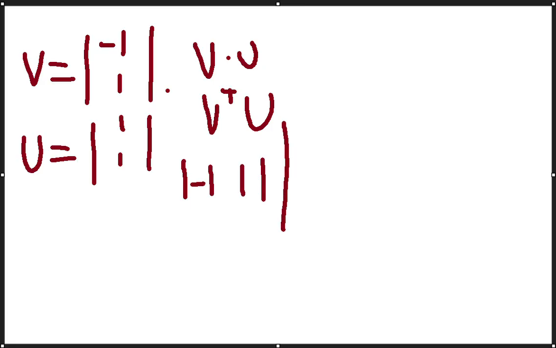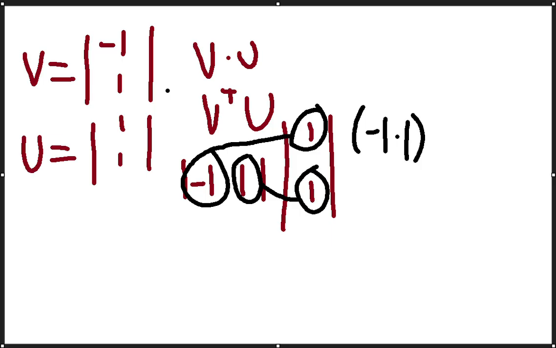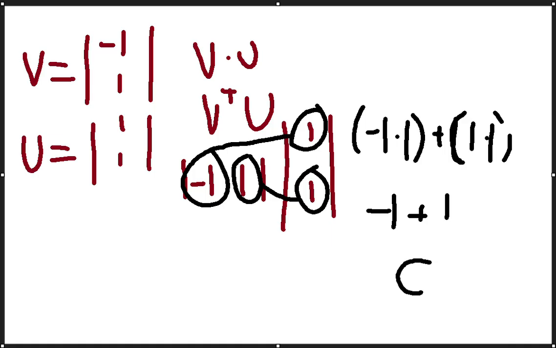And 1, 1. And if we were to take these together, it would be -1 times 1, plus 1 times 1, which of course would be -1 plus 1, which would be equal to 0.